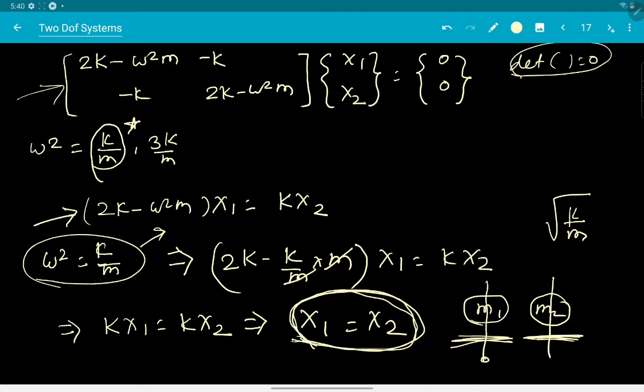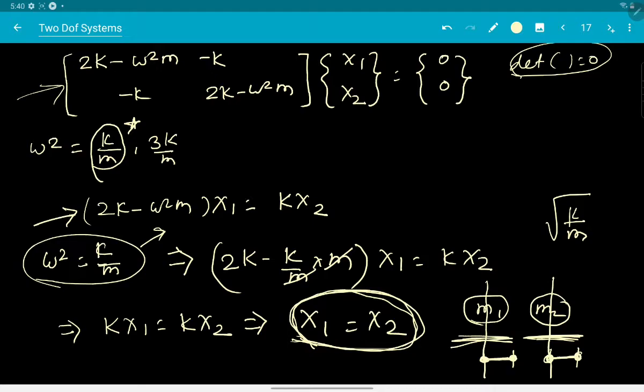So let's say that at a certain instance mass 1 is over here at its mean position, and mass number 2 will then obviously be at the mean position, as the motion is assumed to be synchronous. Now as mass number 1 will try to move towards right hand side, mass number 2 will also go to right hand side, and how far mass number 1 will go from its mean position will be same as that for mass number 2, and both of them will come over here at the extreme position again at the same time.